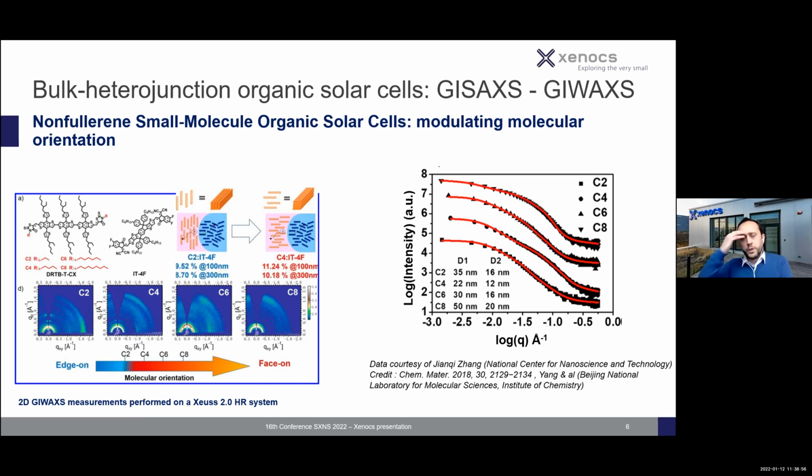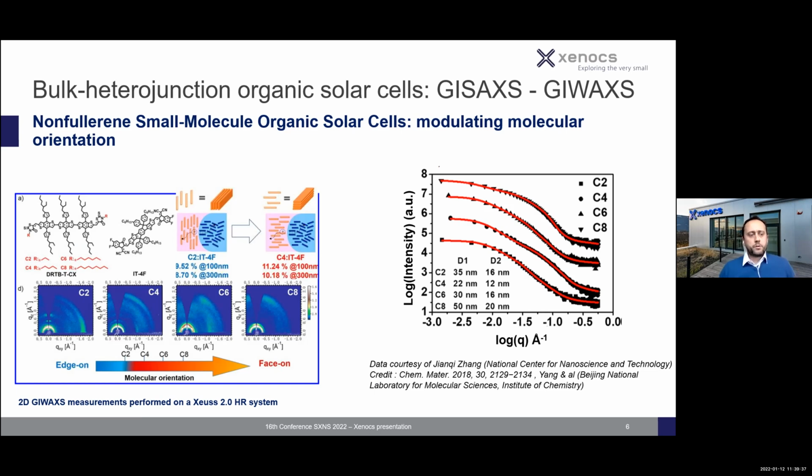And when manufacturing devices based on blends using such compounds, the C4 compound, providing the best power conversion efficiency, was also giving a certain morphology in GISAXS measurements with smaller domain sizes.